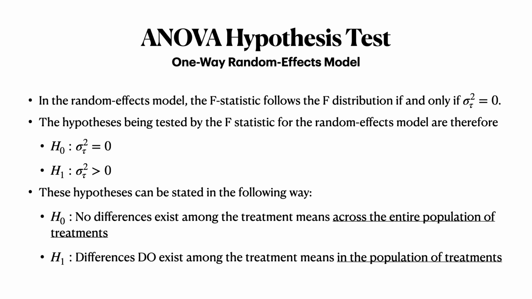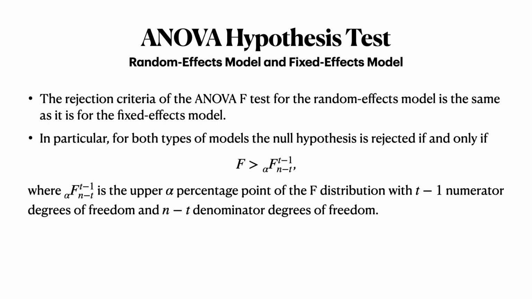Now these hypotheses can be stated in words in the following way. The null hypothesis being that no differences exist among the treatment means across the entire population of treatments, against the alternative that says that differences do exist among the treatment means in the population of treatments. The rejection criteria of the ANOVA F test for the random effects model is the same as it is for the fixed effects model.